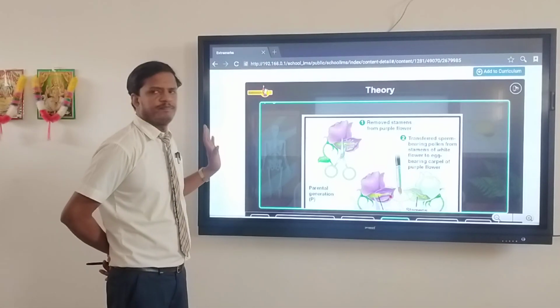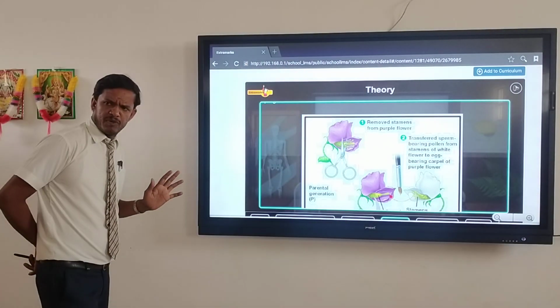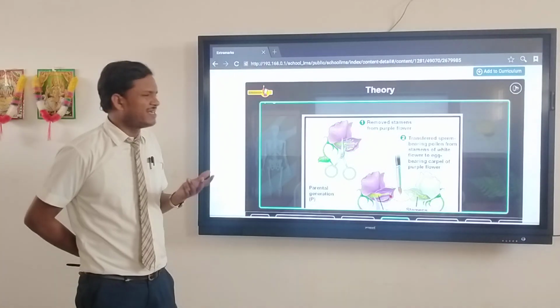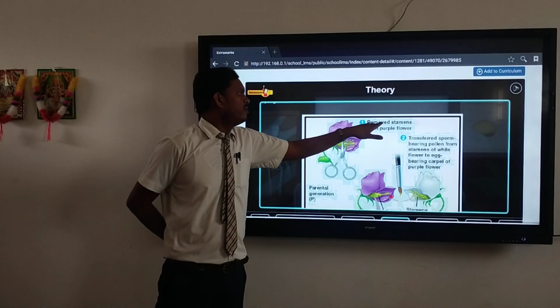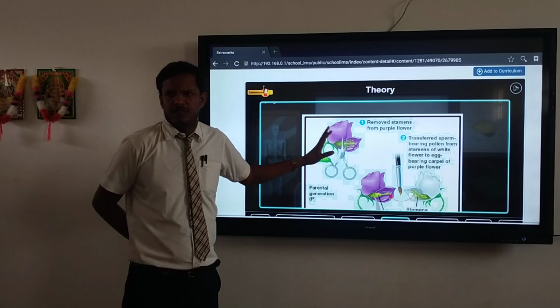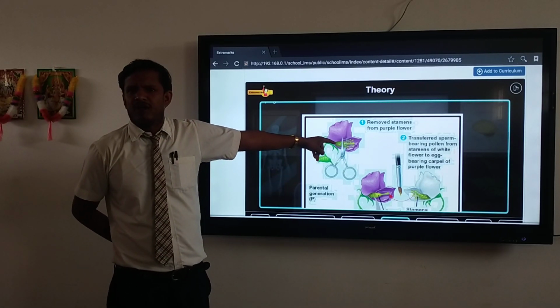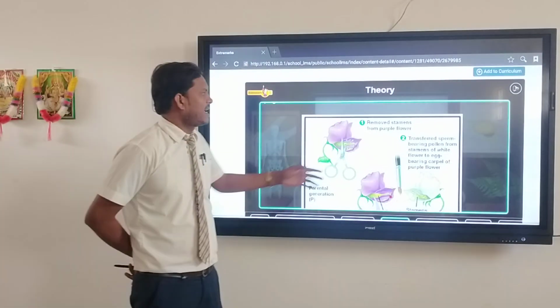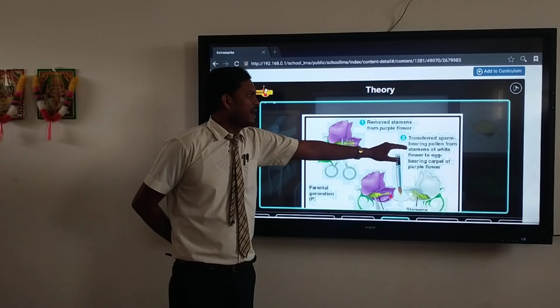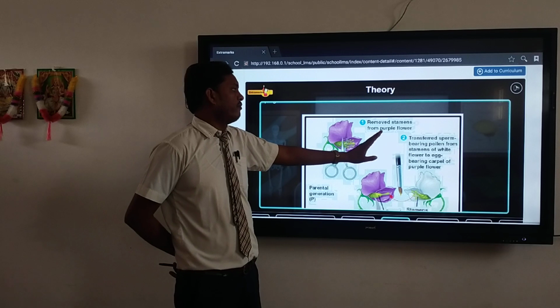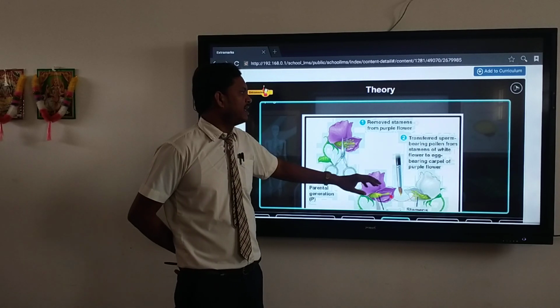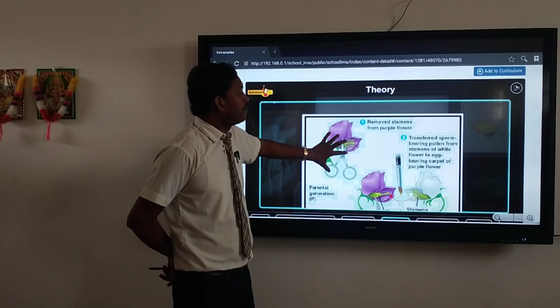See how emasculation can be performed either with the help of tweezers or with the help of scissors. What we do is remove the stamen from the purple flower. There is a flower from which the stamen, that is the male reproductive organ, gets removed. Second, transfer sperm-bearing pollen from the stamen of the white flower to the egg-bearing carpel of the purple flower.